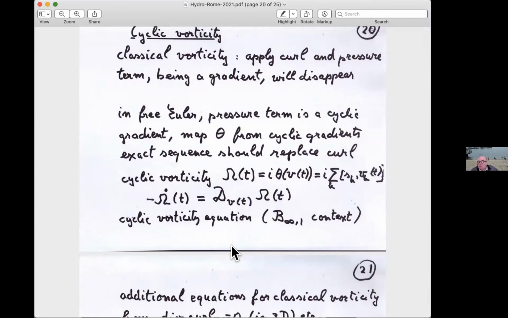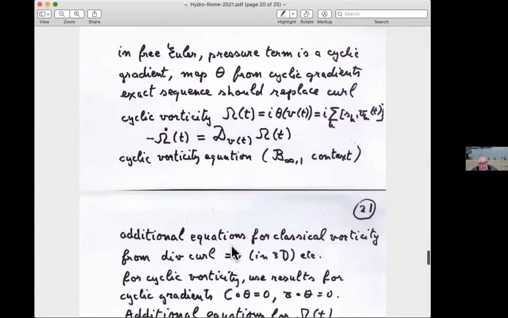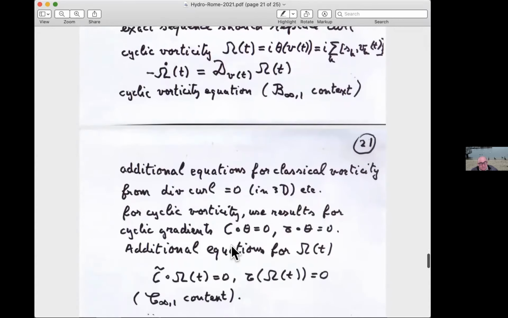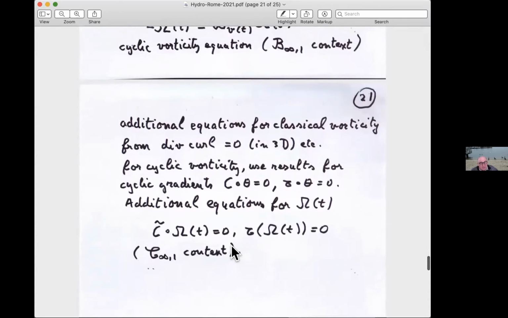So for solutions in B infinity comma 1, one has such vorticity equations. And what happens is that, like in the case of classical vorticity, there are additional equations.